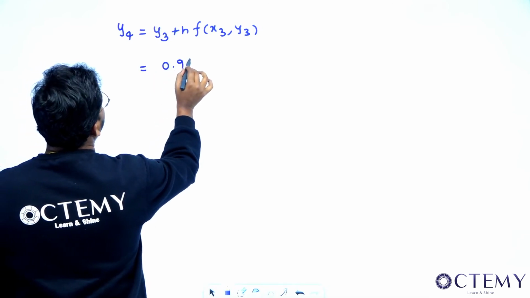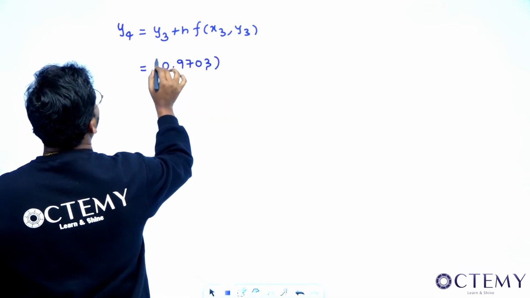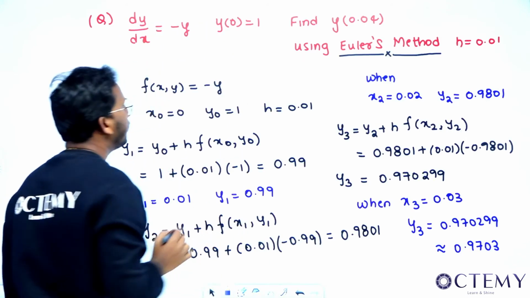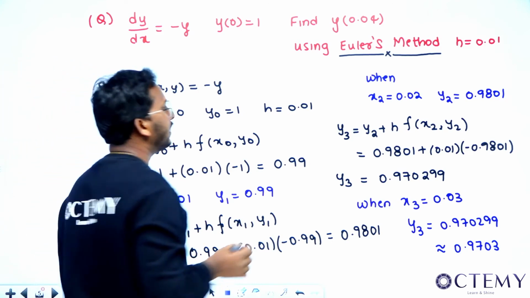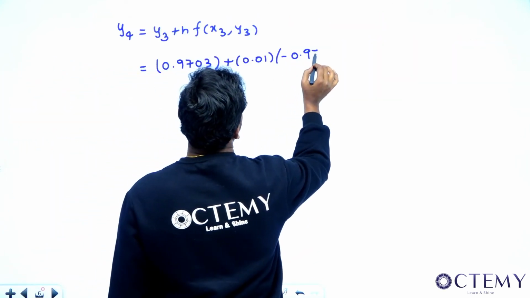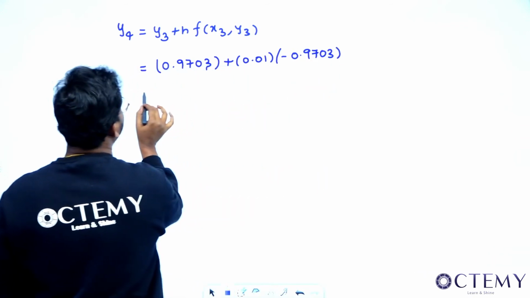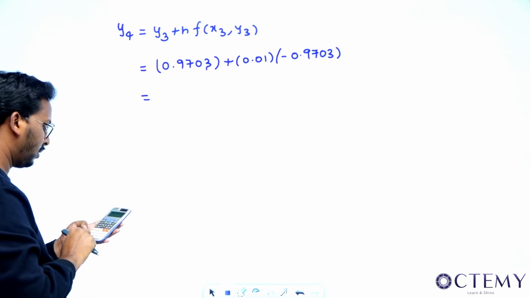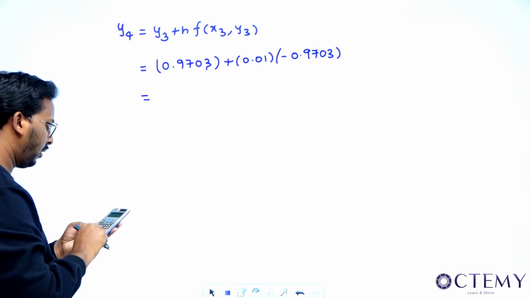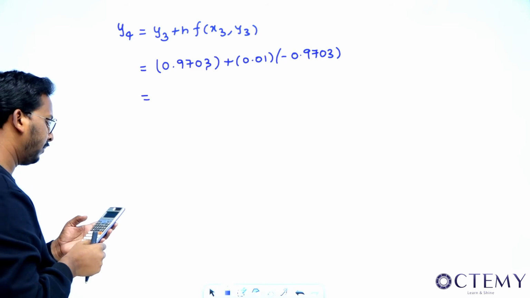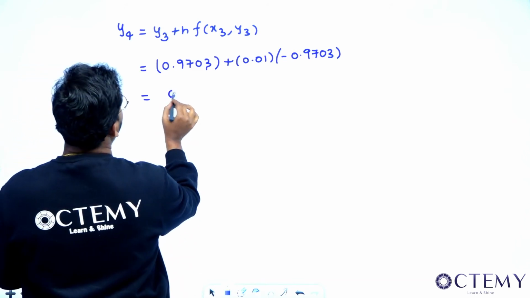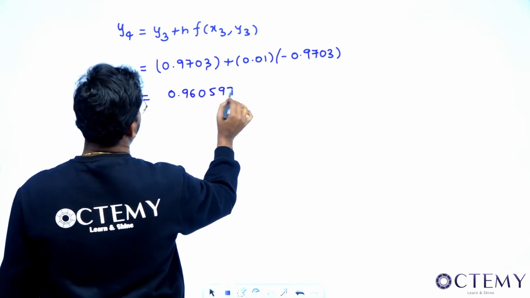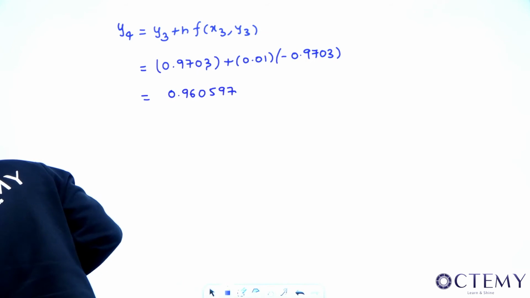So 0.9703 plus h, 0.01, into minus y3, which is minus 0.9703. That is 0.9703 minus 0.01 into 0.9703, which is 0.960597.